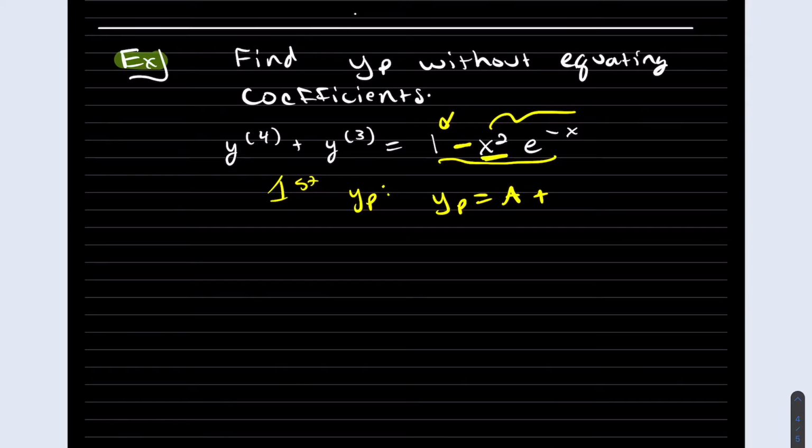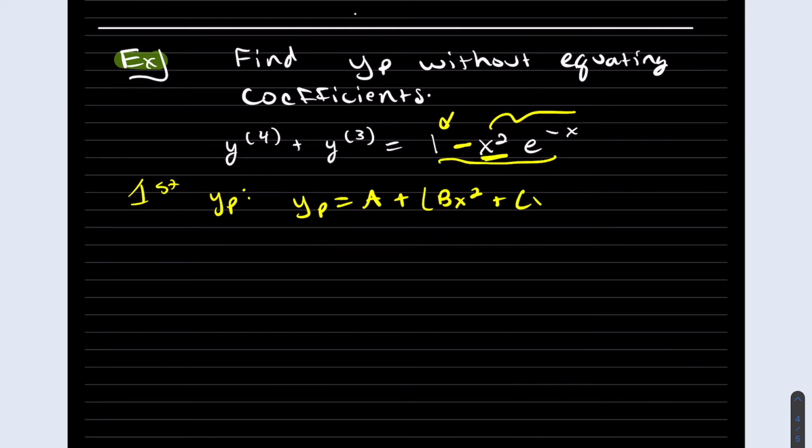We have to include every derivative of x squared. So we'll need a quadratic there because the first derivative and second derivative, we need to go all the way to a constant. So we will have to use bx squared plus cx plus d, that's my quadratic in front, times e to the minus x.